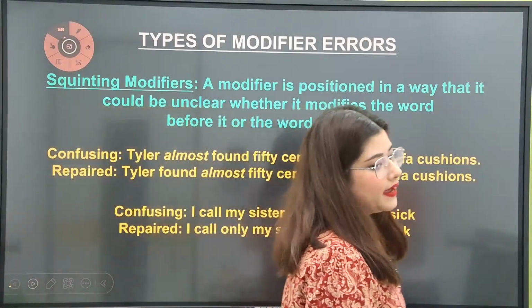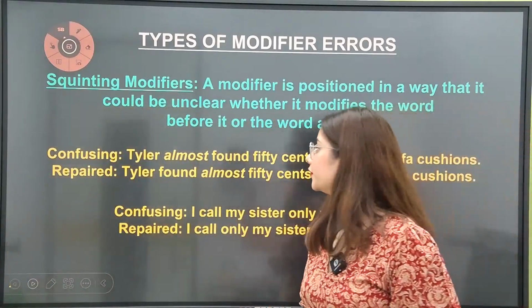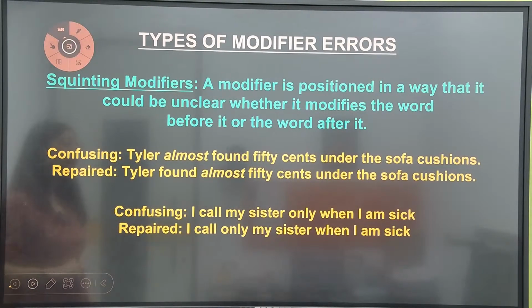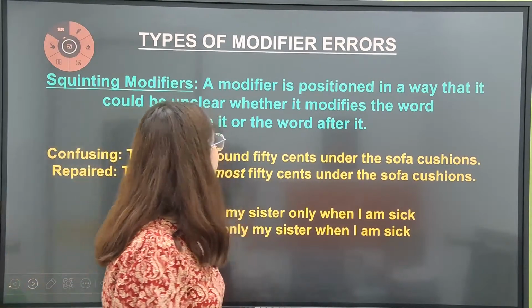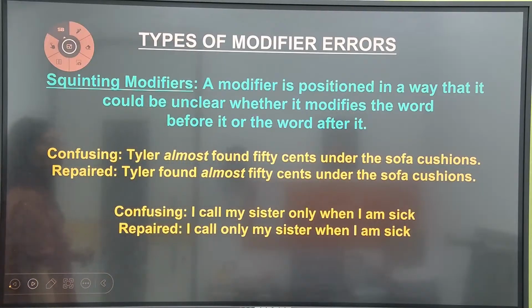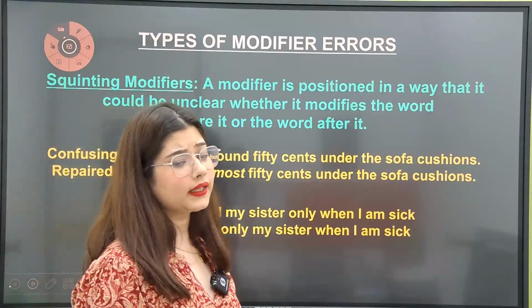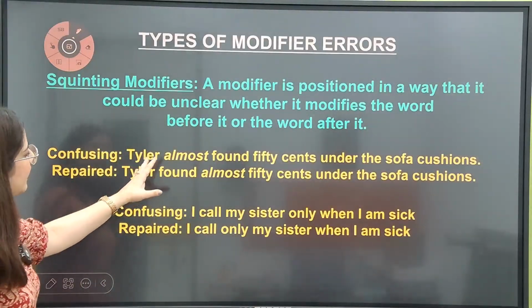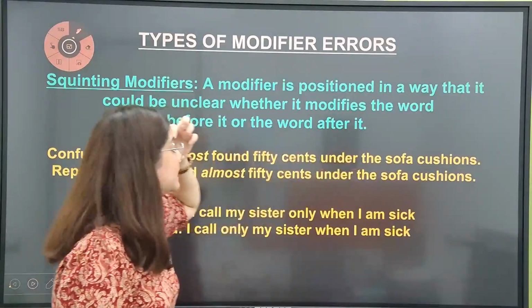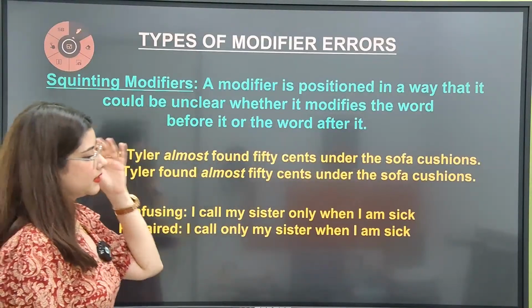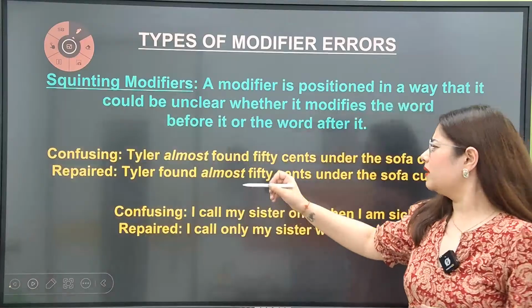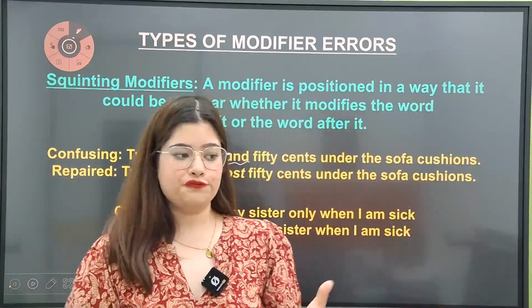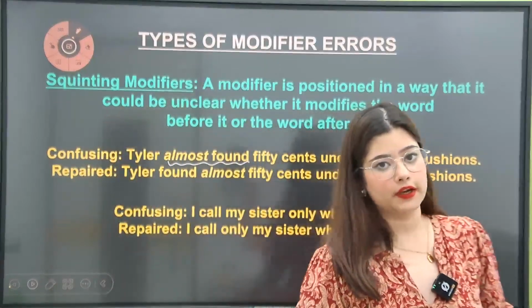second type of modifier error, squinting modifier error. A modifier is positioned in a way that it could be unclear whether it modifies the word before it or the word after it, right? If we look at the sentence, Tyler almost found 50 cents under the sofa cushions, right? What do we mean by almost found? It doesn't quite make sense. You find something or you don't find something, right?